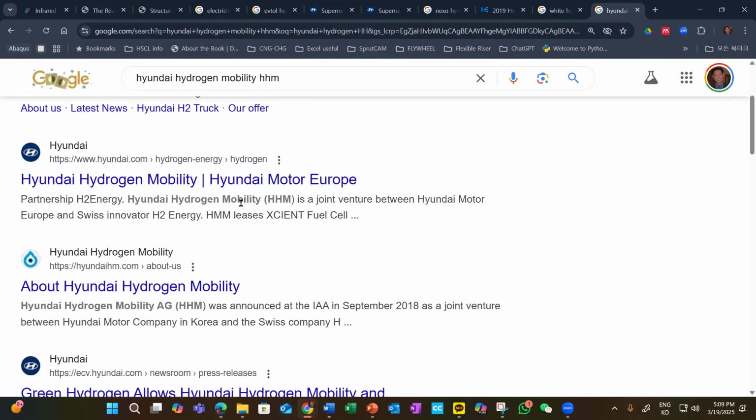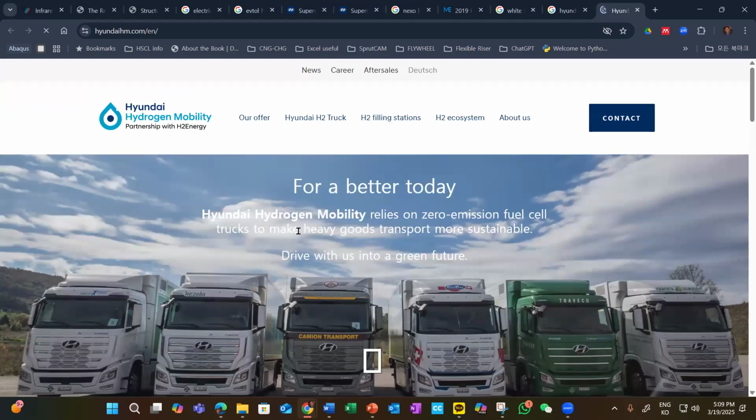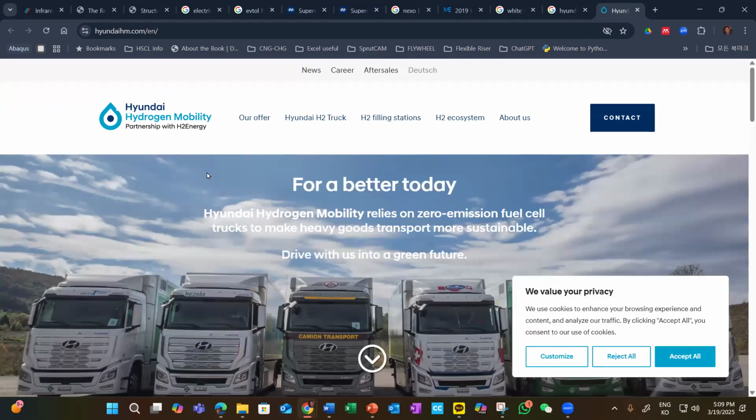Hyundai Hydrogen Mobility, or, but anyhow, I'm sure you can find a lot of information. Hyundai Hydrogen Mobility, there's a new division of Hyundai.